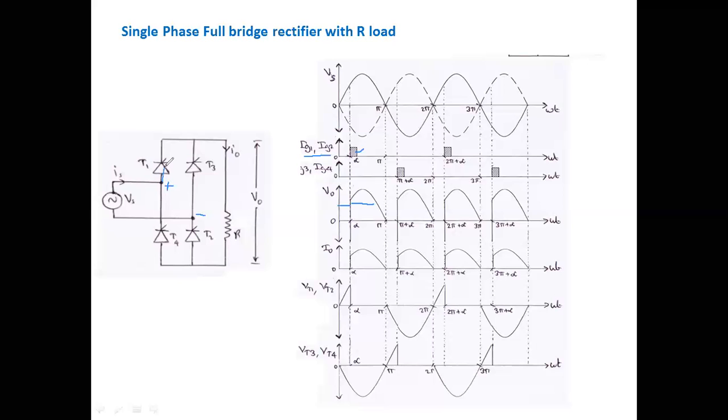So current is allowed to flow to the load in this direction. This terminal is connected to this output terminal, and this terminal is connected to this output terminal.